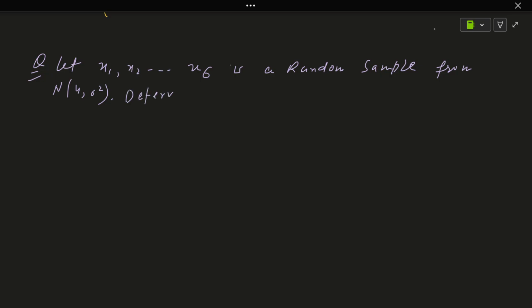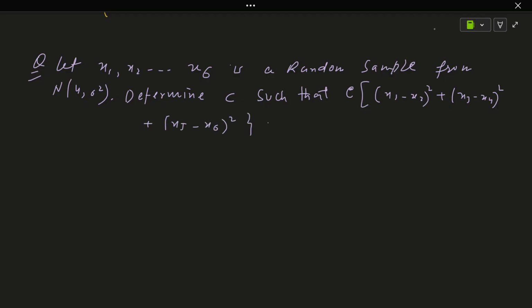Determine C such that C times (x1 minus x2) square plus (x3 minus x4) square plus (x5 minus x6) square is an unbiased estimator of sigma square.